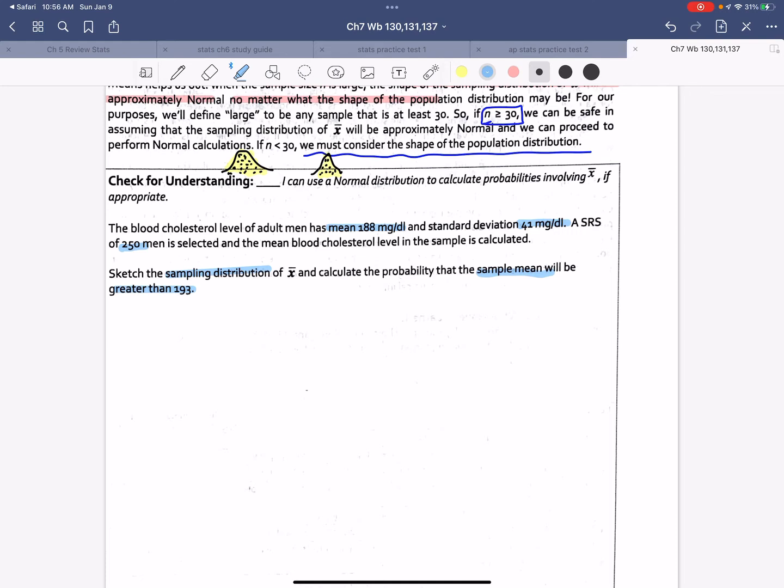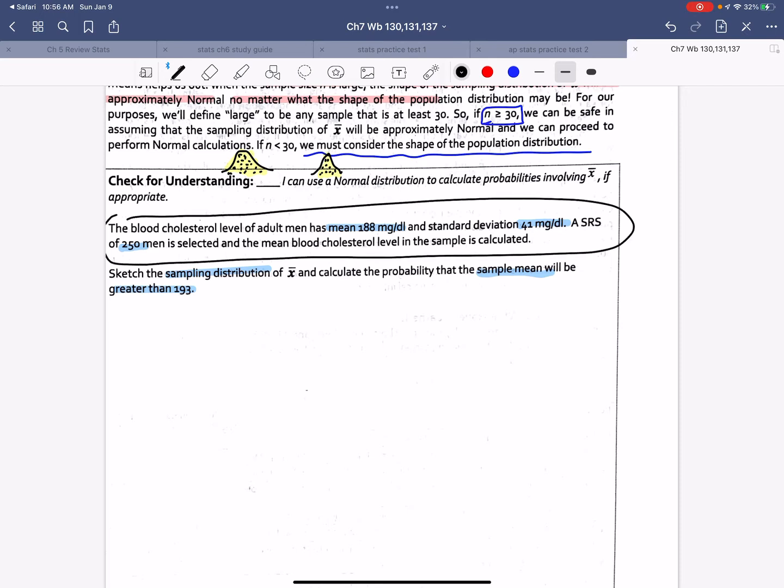So I don't want to look at this chart of my population distribution. I'm being asked to look at this chart, my sampling distribution. It doesn't say the shape of this data.